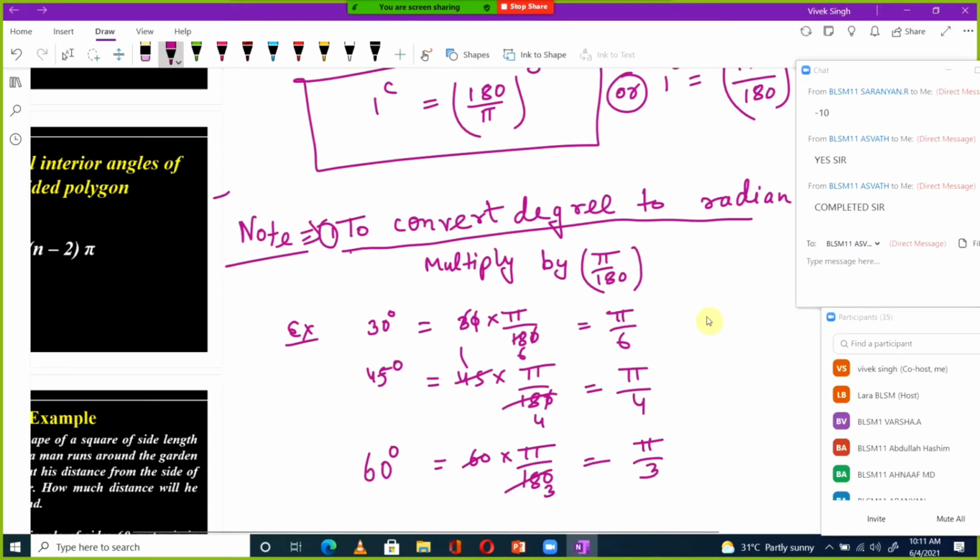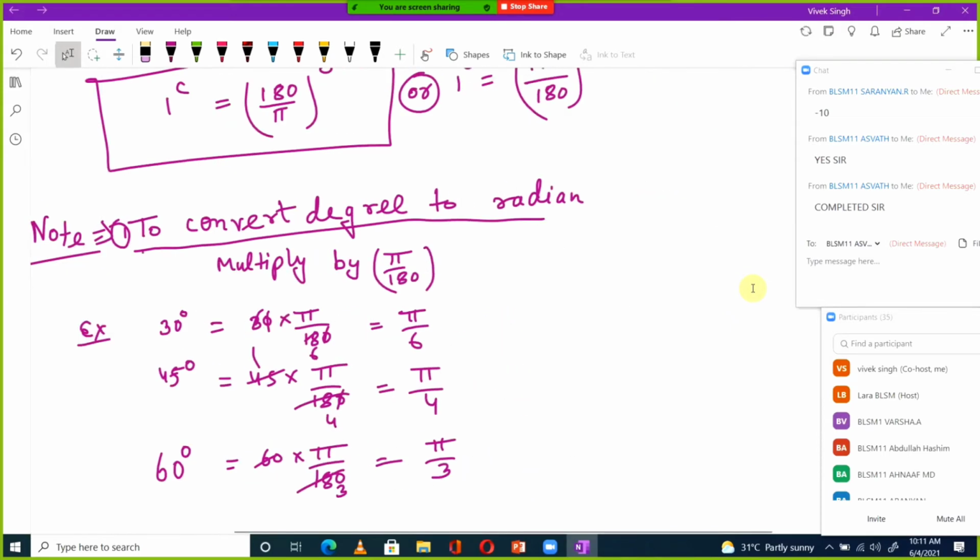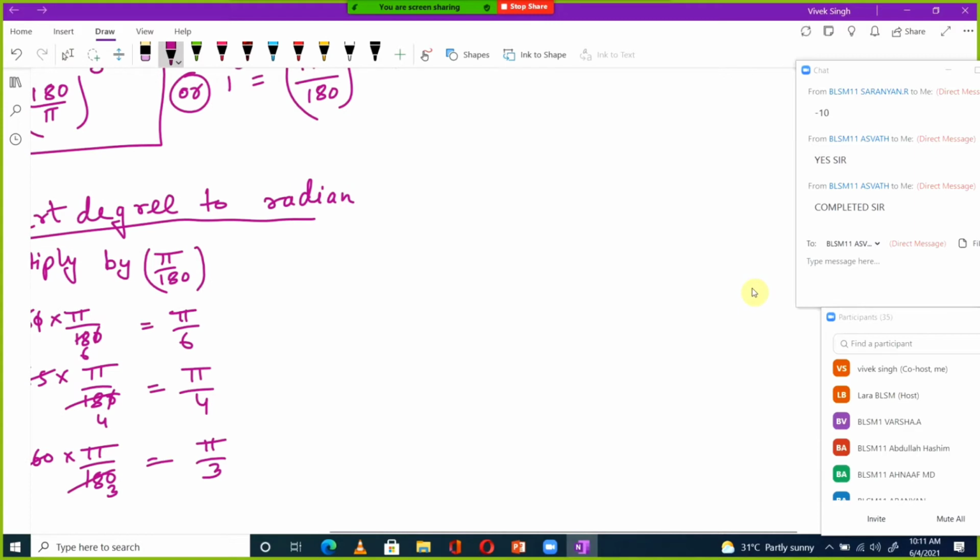So if you want to convert degree to radian, you have to multiply by pi by 180. Similarly, the second note, I will write here.